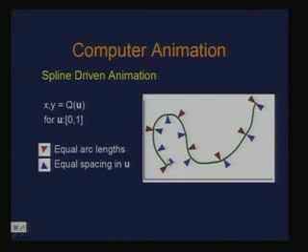So one thing which is desired from here is that I want to have equal arc lengths for some spacing in u. And this equal spacing in u does not guarantee equal arc lengths, that we have established.